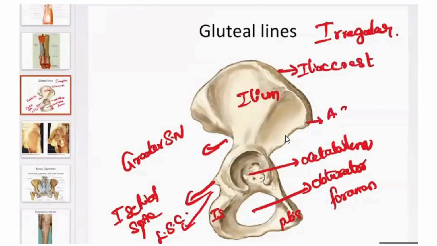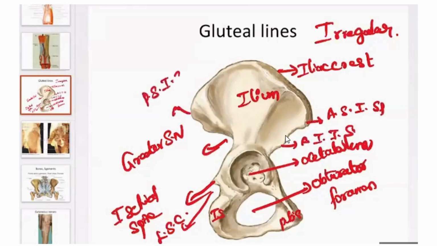Anterior superior iliac spine. Anterior inferior iliac spine. Posterior superior iliac spine. Posterior inferior iliac spine. This is the gluteal line: anterior gluteal line and middle gluteal line.